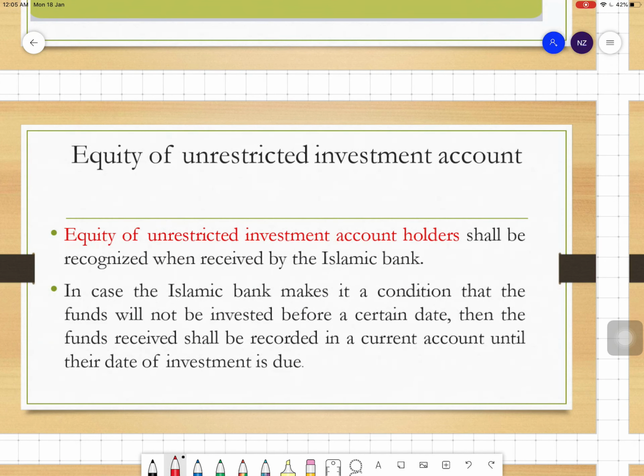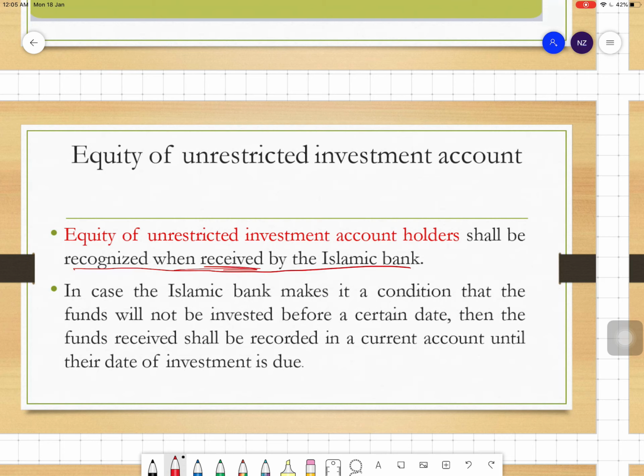For equity of unrestricted investment account holders, the equity must be recognized when it is received by the Islamic bank.